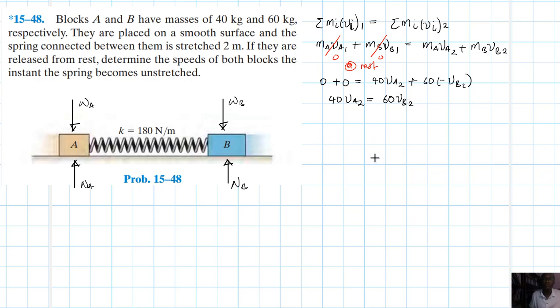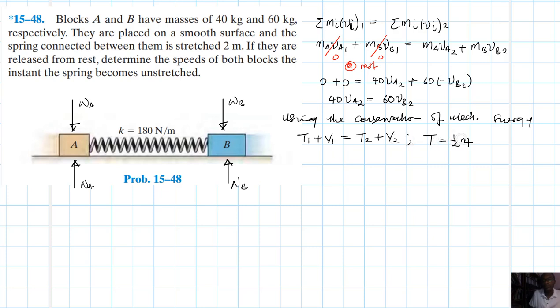So we have one equation. Using the conservation of mechanical energy, we can simply say T1 plus V1 is equal to T2 plus V2, where T itself is the kinetic energy, and V is equal to Vg, gravitational potential energy, plus Ve, elastic potential energy.